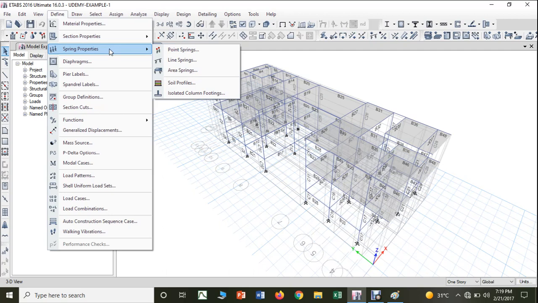So when we are doing a normal or a simple building design, we can assume that the soil is separate and the building is separate, and practically we assume that there is no interaction or relation between the soil and the structure.